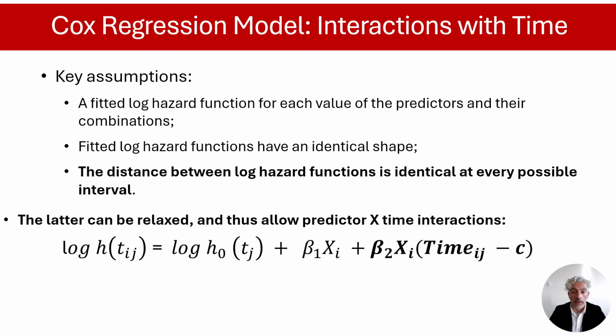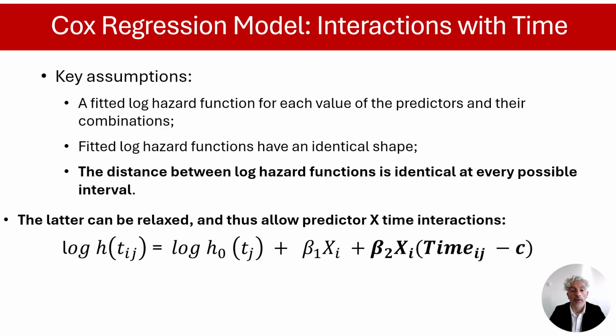Remember here that Tij indicates the time interval j for individual i in the data set. So lowercase j indicates different time intervals. Lowercase i indicates different individuals in the sample. Lowercase h0 indicates the baseline hazard function.